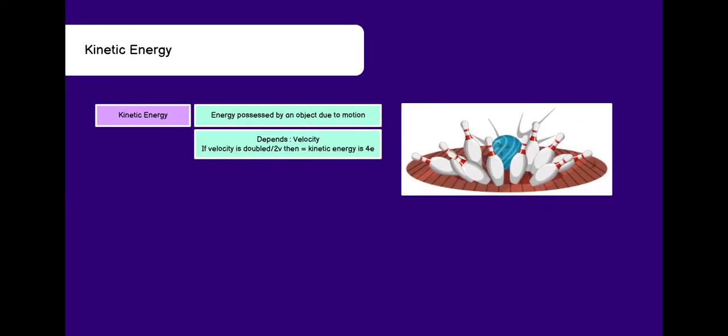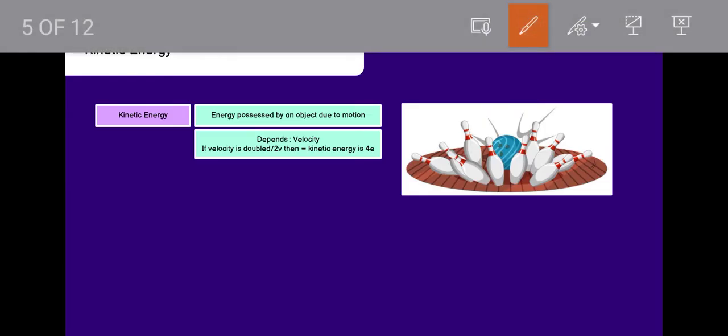Coming to kinetic energy. Kinetic energy is the energy possessed by an object due to its motion. It depends on velocity. If the velocity is doubled, then the kinetic energy will get 4 times. Which means that if I have a ball and I am throwing it with a force and my velocity is, let's say, v.